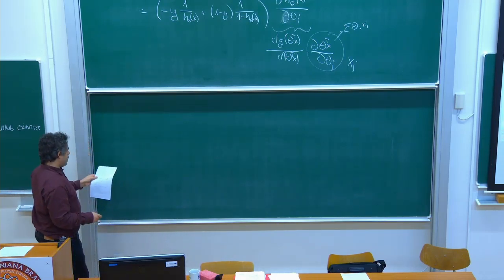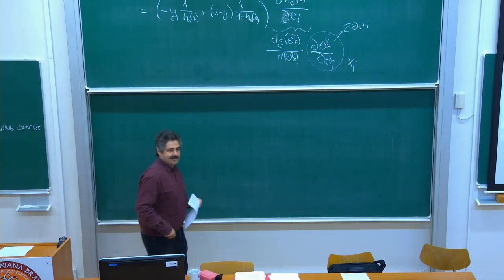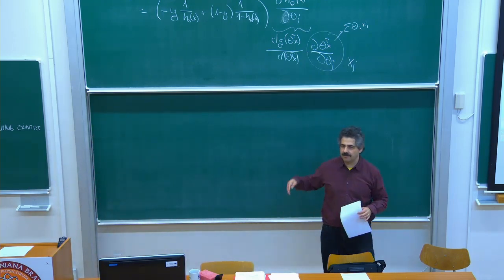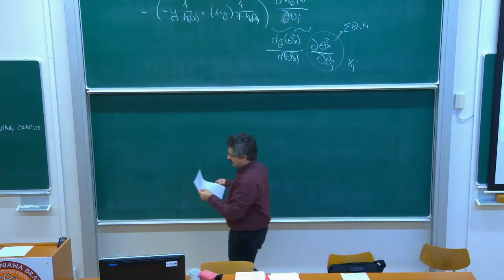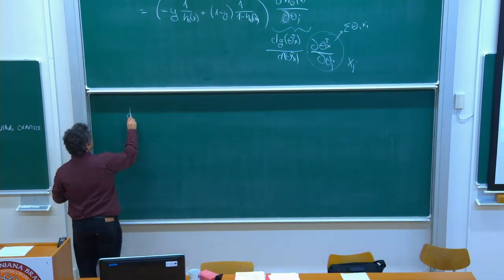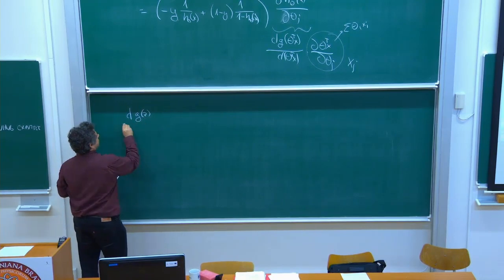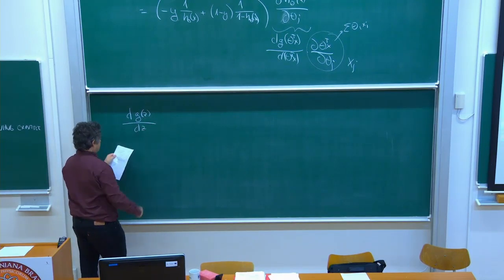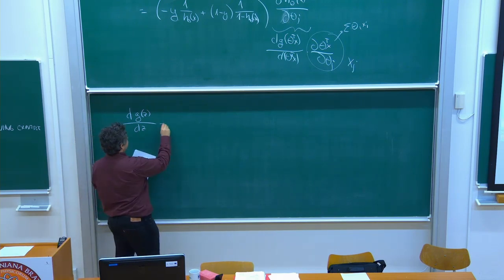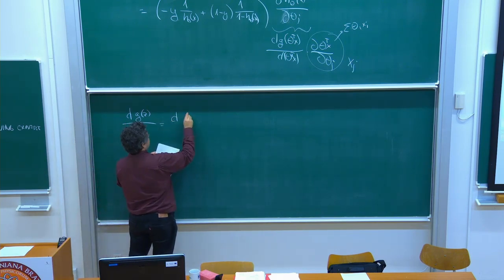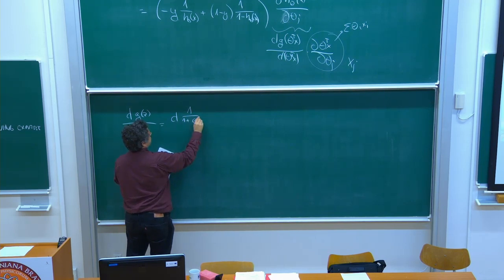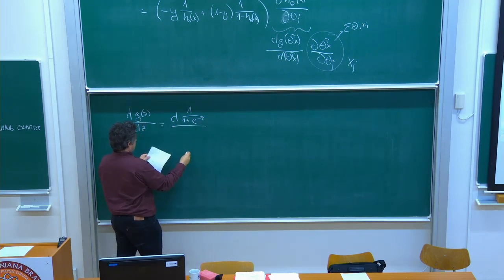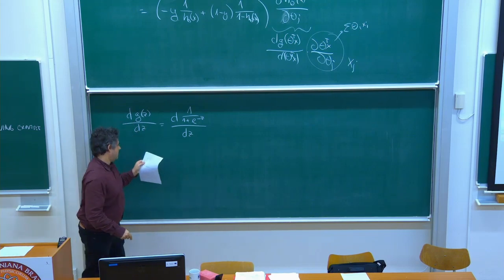Okay. So now the only thing that remains is the derivative of the sigmoid function. So we need to find the derivative of the function g(z) over z. The function g(z) is basically 1 over 1 plus e to the minus z, right?